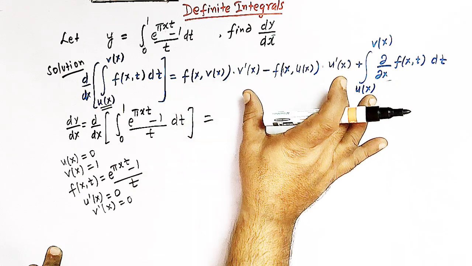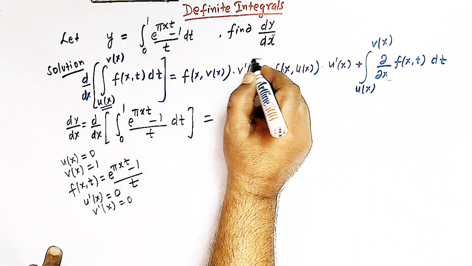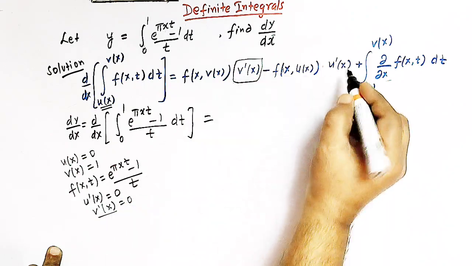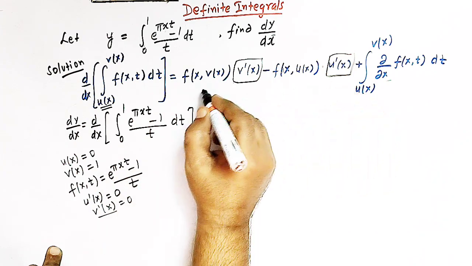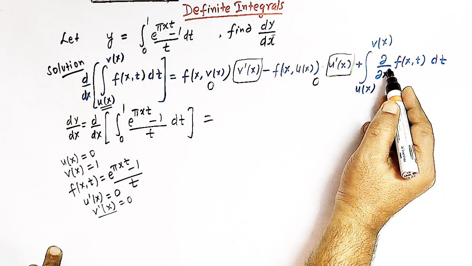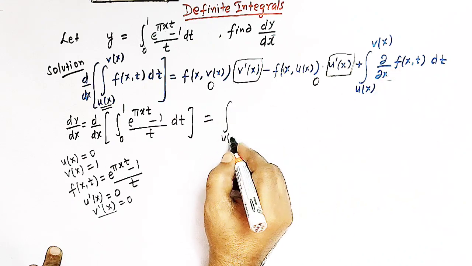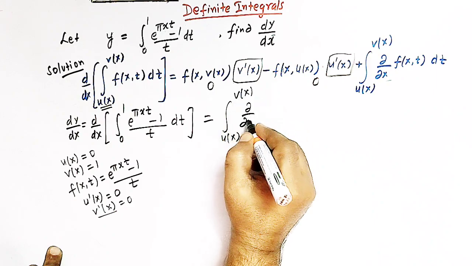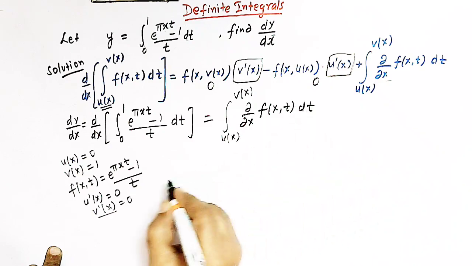So if we look at this right hand side, then we can see that this term, v prime of x, is 0, and this term u prime of x is also equal to 0. So these two terms are 0, so we are left with only this one, right? So we have u of x and then v of x and del by del x of f of x comma t dt, right?